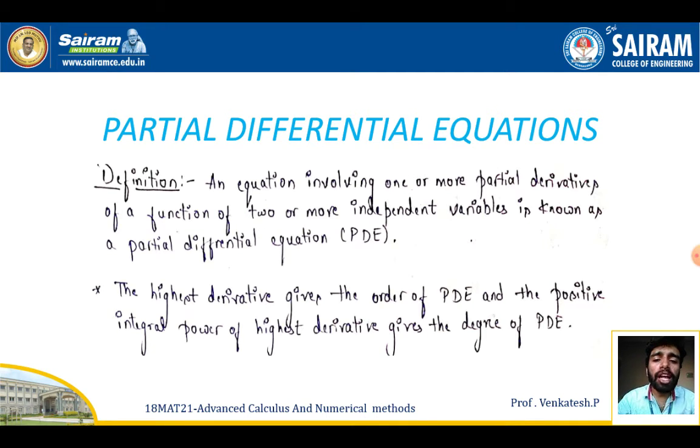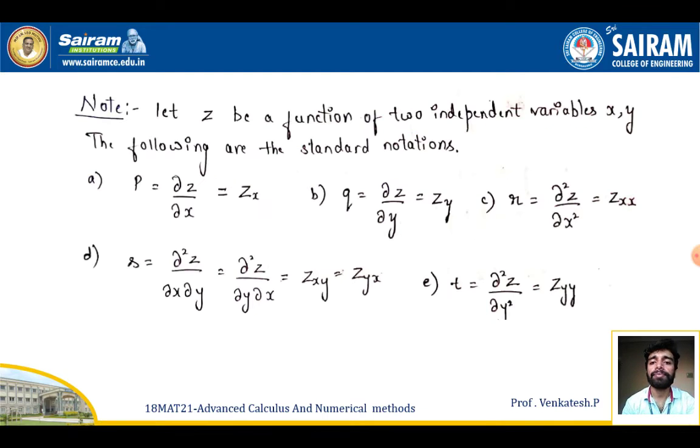The highest derivative gives the order of the partial differential equation, and the positive integral power of the highest derivative gives the degree of the partial differential equation. So this order and degree will be the same as for ordinary differential equations.